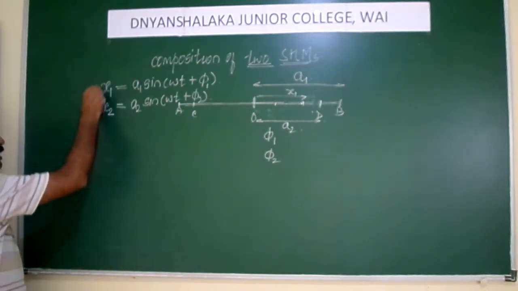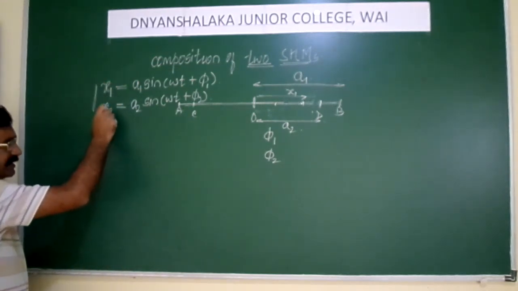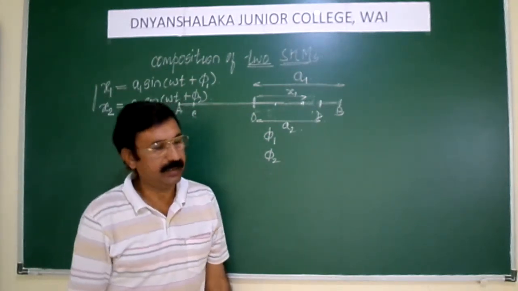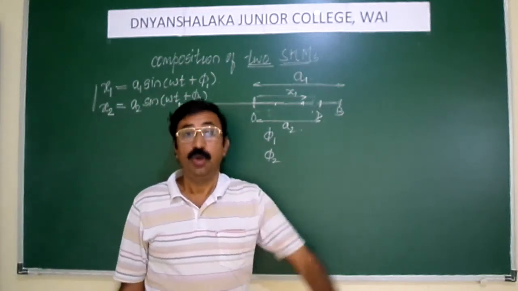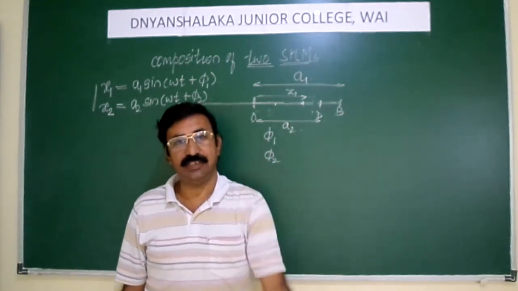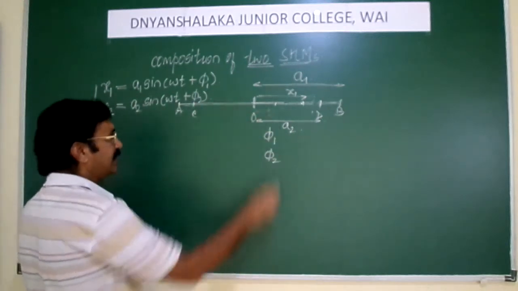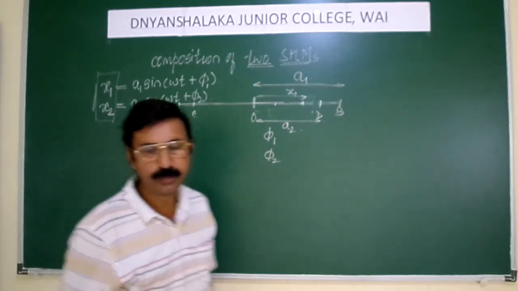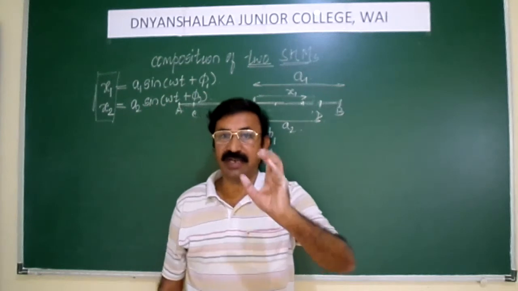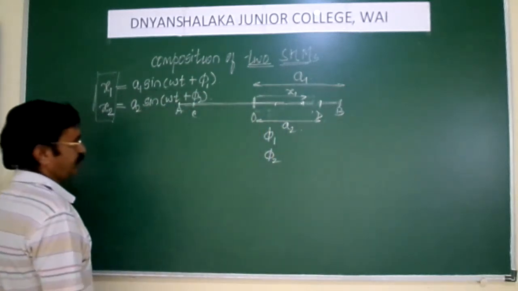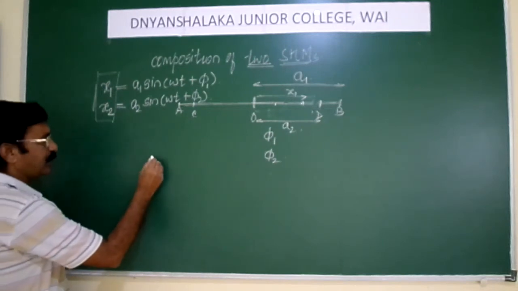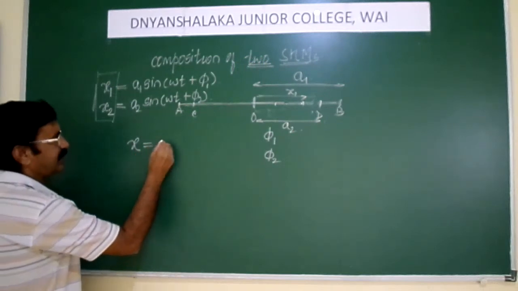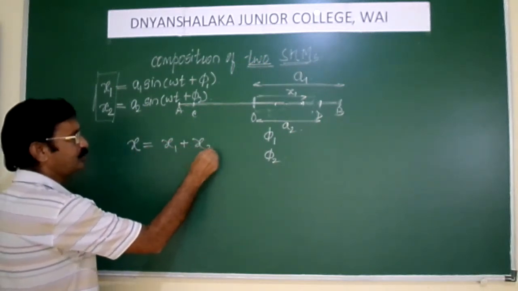Now suppose these two SHMs are applied to a single particle, meaning it has to perform both the SHMs simultaneously, then its displacement will be the resultant of the two displacements. It will be the vector addition of the two displacements. And so the combined displacement of the two SHMs together will be x is equal to x1 plus x2.